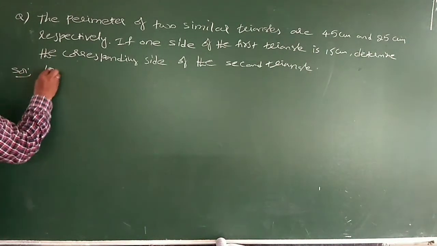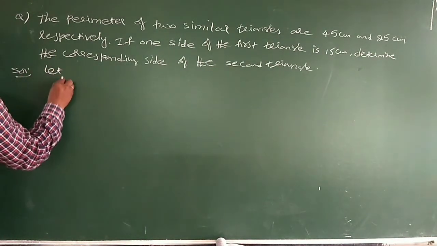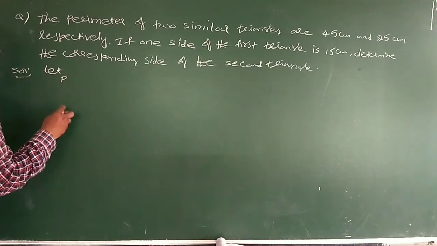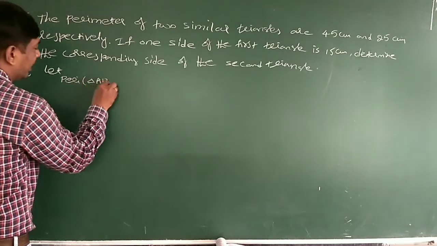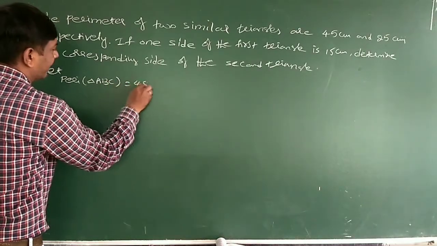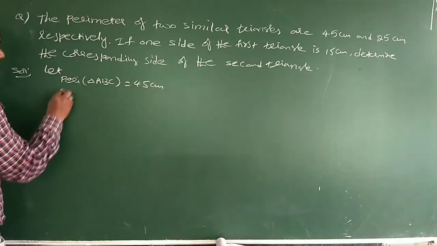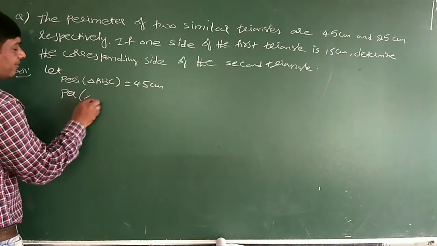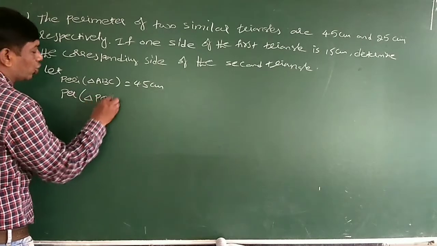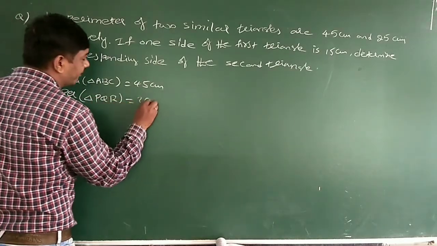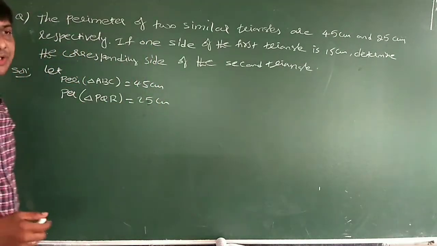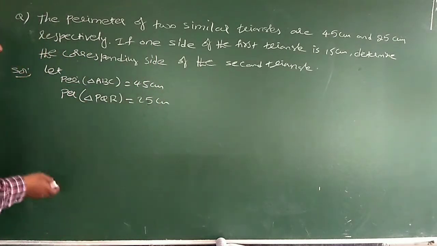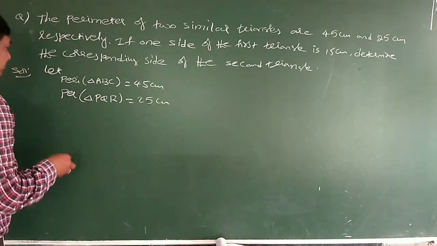So let us assume that the perimeter of triangle PQR is equal to 25 centimeters.